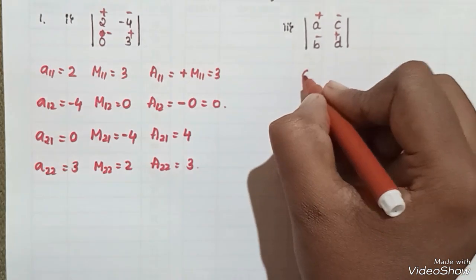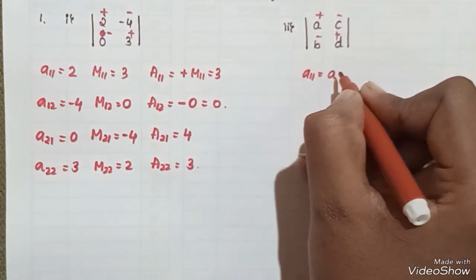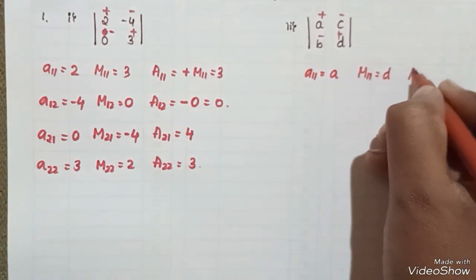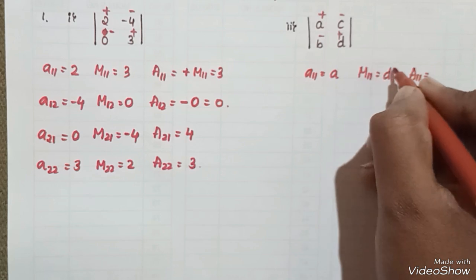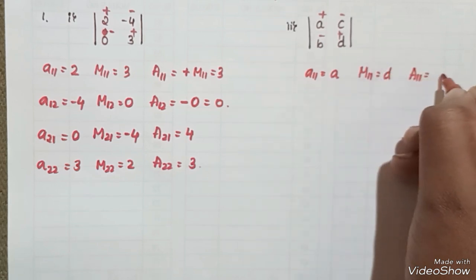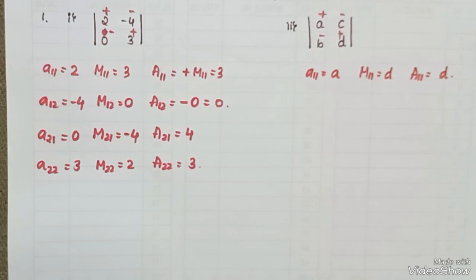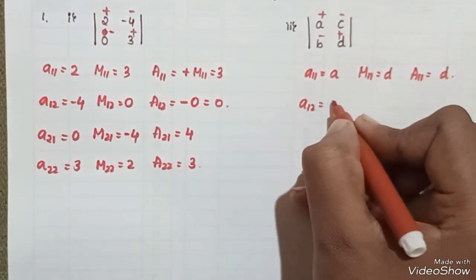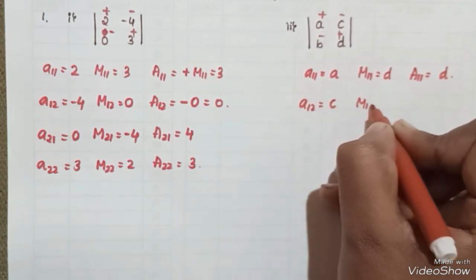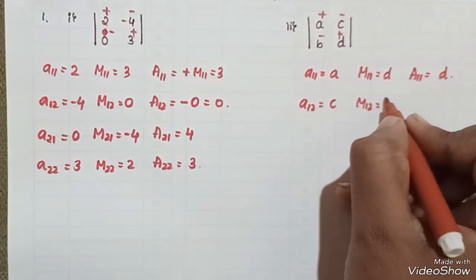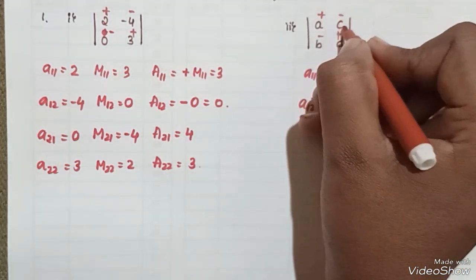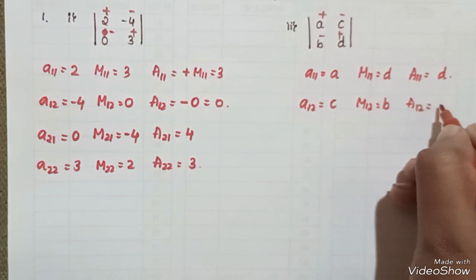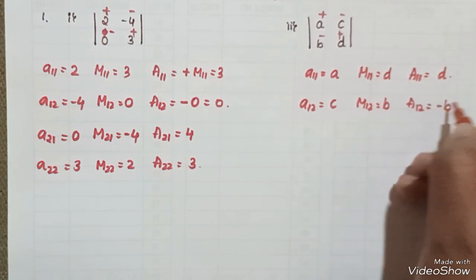Now element A11 is A, the corresponding minor will be D, and the cofactor is multiplied by the plus sign, that is D. Again, A12, the element C, the minor is B, multiplied by the negative symbol, it becomes -B.